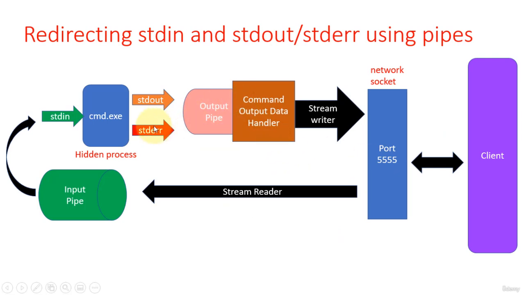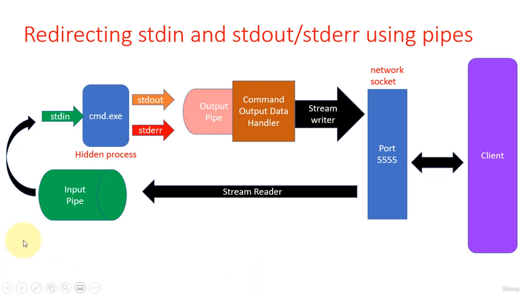Now this is something more detailed. Inside the output pipe itself, we need to create something called a command output data handler. This is just a kind of callback function. A callback function in programming means a function that is waiting for something to happen, and when that something happens, it will be triggered.